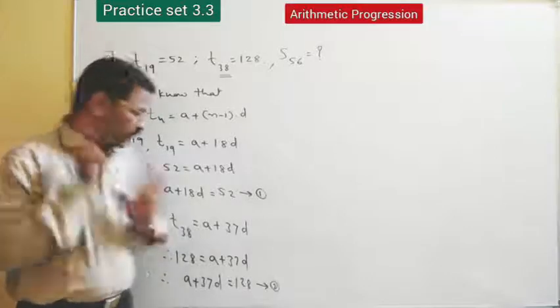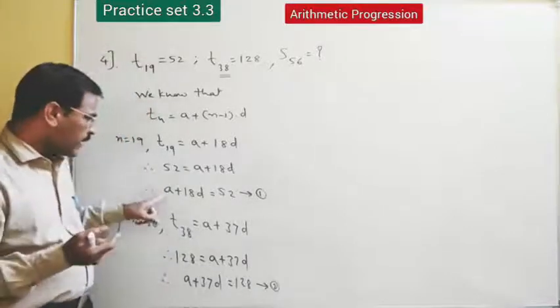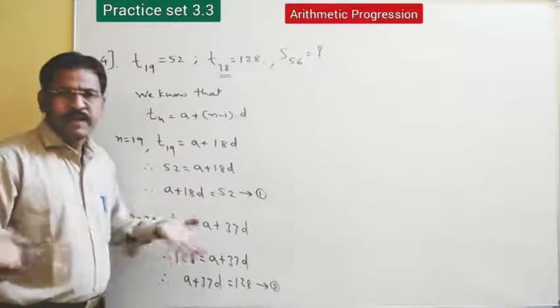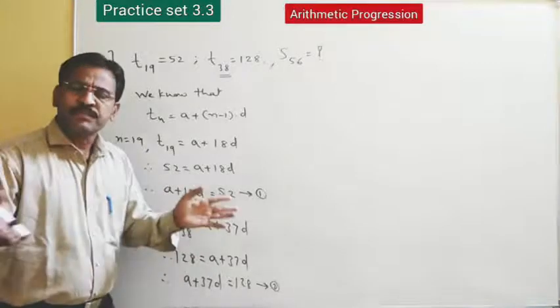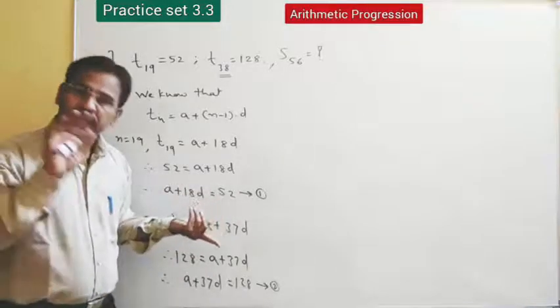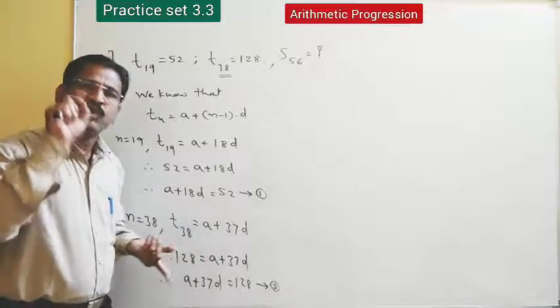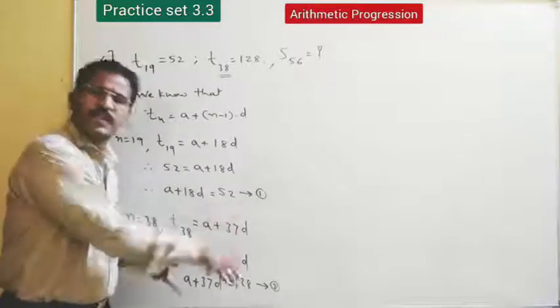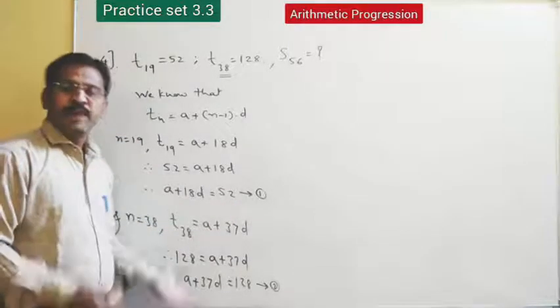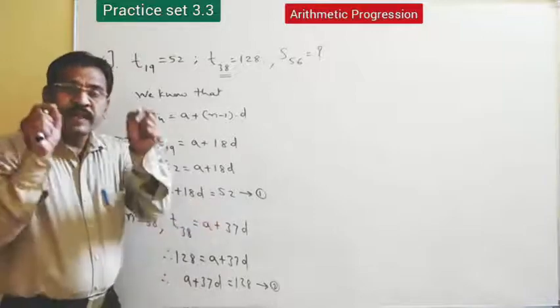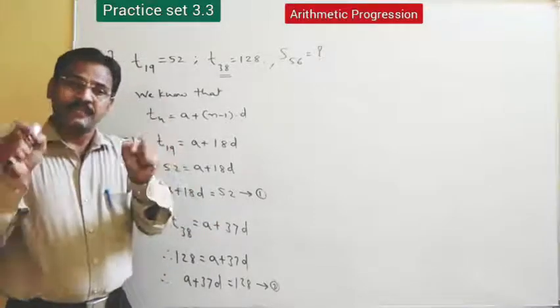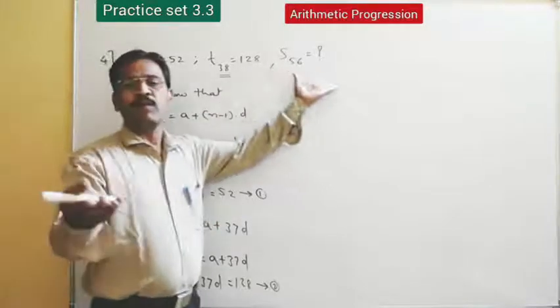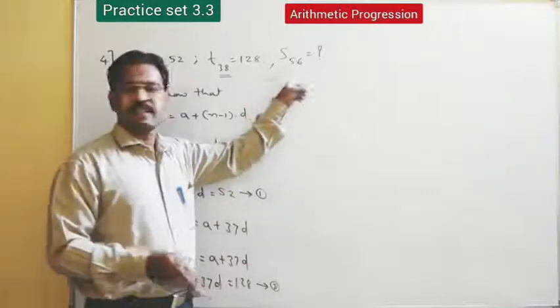Here A and A is there, so we can easily subtract and find the value of D. Once we get the value of D, substitute in any one of these two to find the value of A. And after getting the values of A and D, in the Sn formula we will put n is equal to 56.